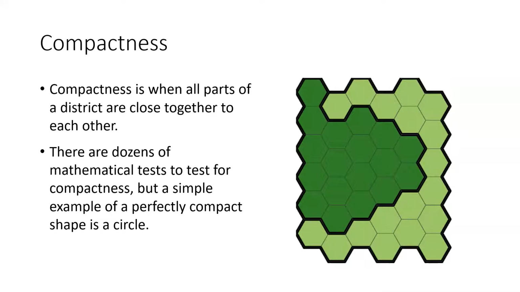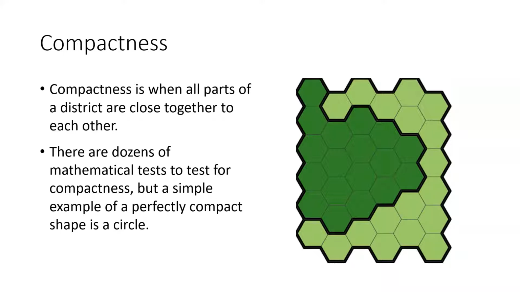Compactness is the next principle. Compactness is when all the parts of the districts are close together to each other. Now, when you're getting into the deep dive details of compactness, there's actually dozens of mathematical tests that you can use to test for compactness. But to put it in simple terms, I like to say that the most perfectly compact shape is a circle.